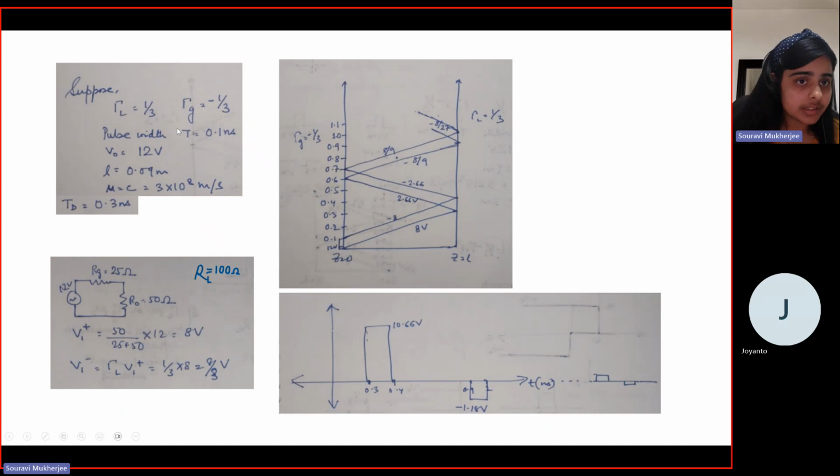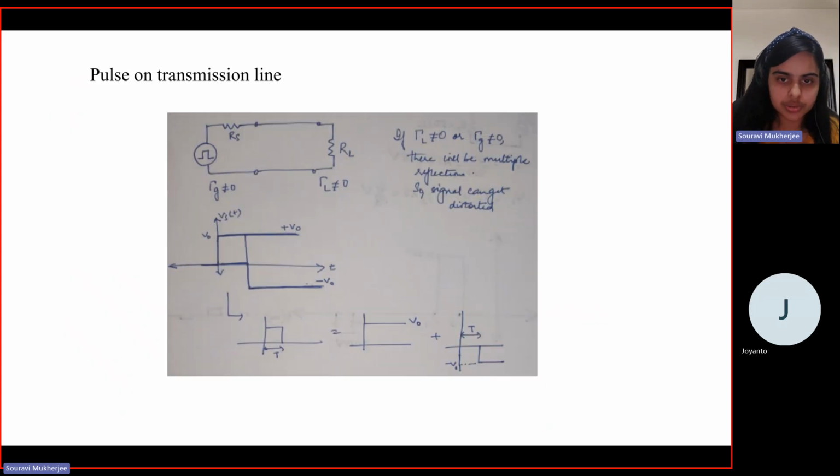But this is a pulse with a finite width, and the width is given as 0.1 nanosecond. As we just discussed, you can write the pulse as a signal which starts at t equal to 0 with V naught, and then at t equal to the pulse width, a minus V naught comes in so that the net voltage goes to 0.